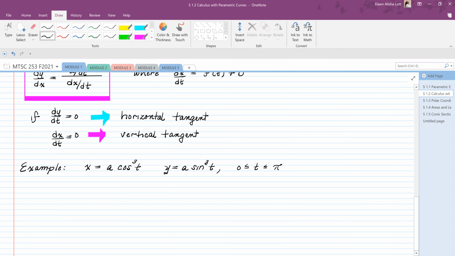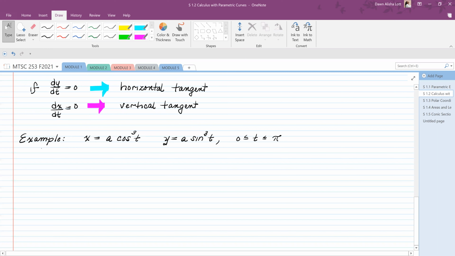Okay, so dx dt, well, that's just 3a cosine squared of t times minus the sine of t.